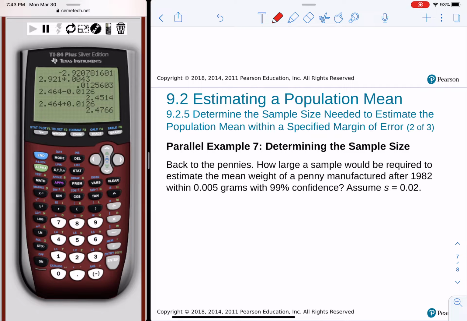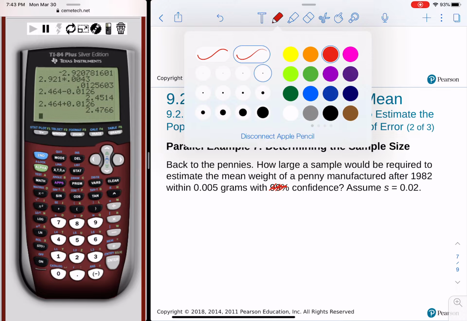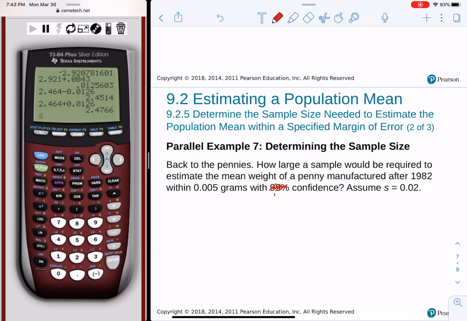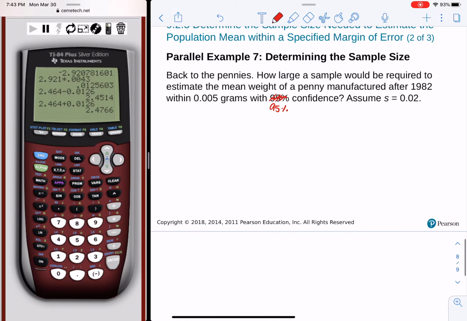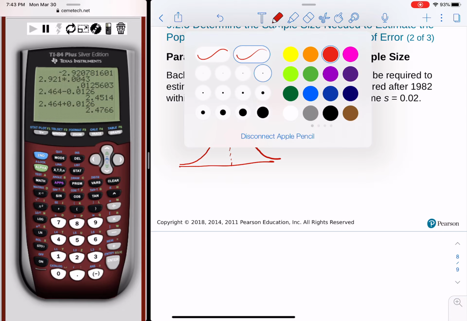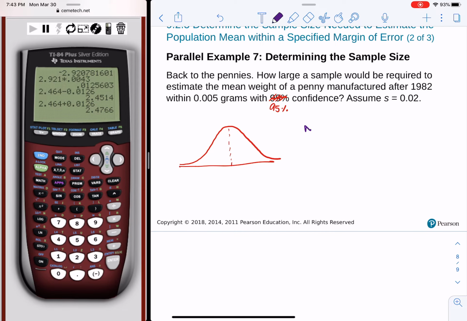I would want to change this to 95% so that you get a better idea on how to compute the critical value. So let's change that to 95%. So first step, we would want to find the critical value. Mind you, the critical value does not come from a normal distribution.